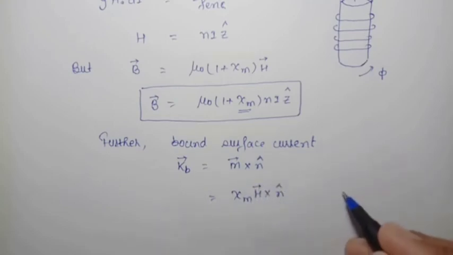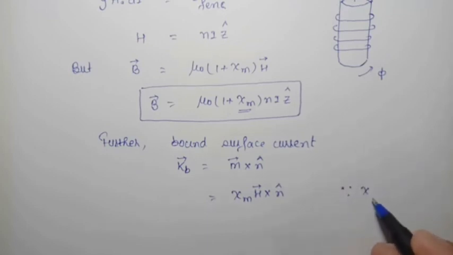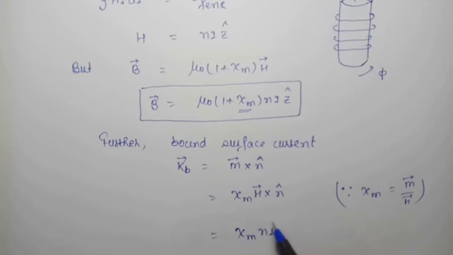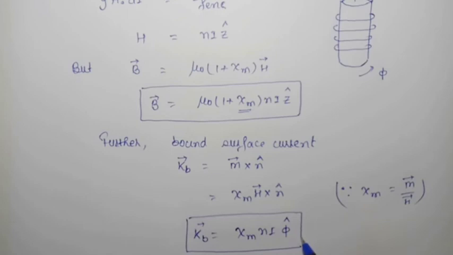Why is it so? Because magnetic susceptibility is equal to M by H. So here we put the value of H, which is n I. So finally for the bound surface current, the direction is phi cap. So K_B is equal to chi m n I phi cap.